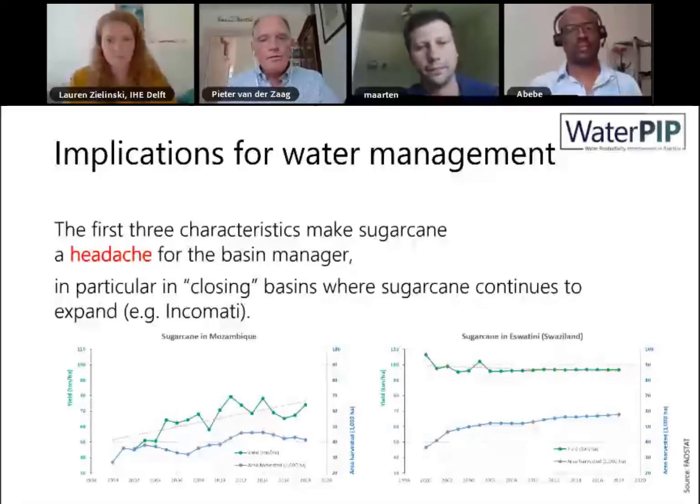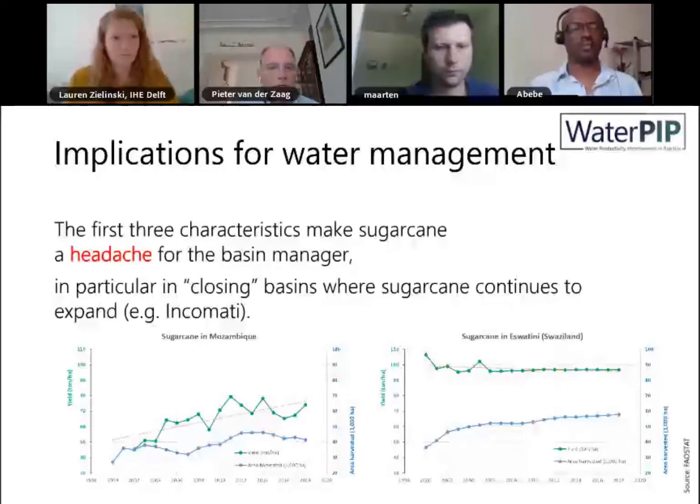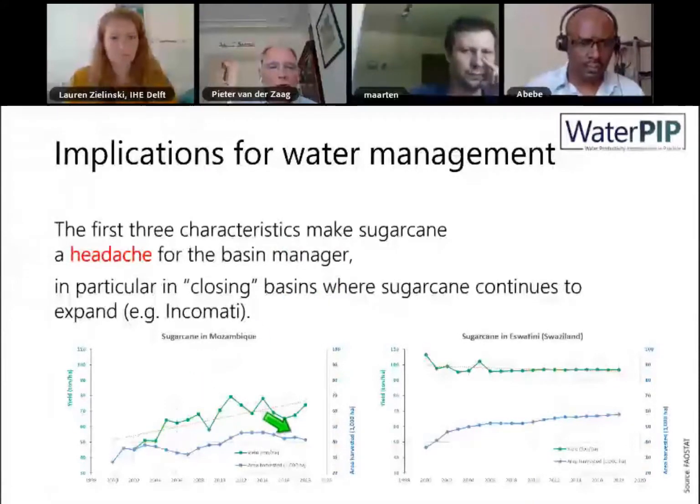Now, let's turn to some data from FAO again, now from Mozambique and Eswatini. These are countries which have a lot of sugarcane, also on the Nkomati, which I've mentioned before. And you see that there is an expansion of sugarcane in Mozambique, and also in Eswatini, also known as Swaziland.